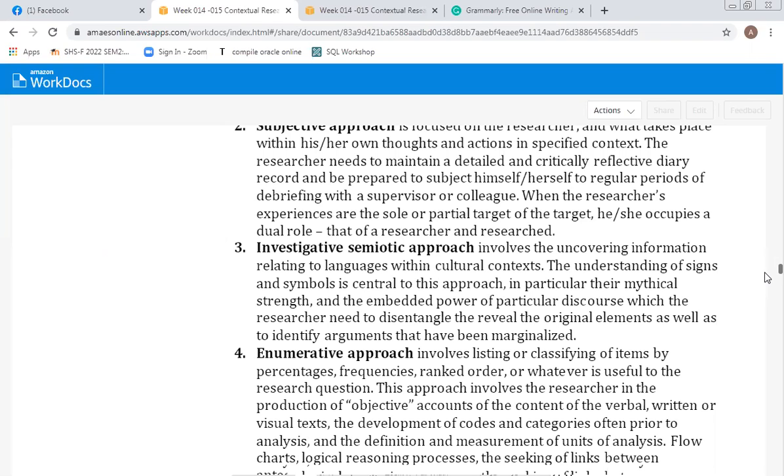In particular, their mythical strength and the embedded power of particular discourse, which the researcher needs to disentangle, then reveal the original elements, as well as identify arguments that have been marginalized. Okay? It involves what? Uncovering information relating to languages within cultural contexts.